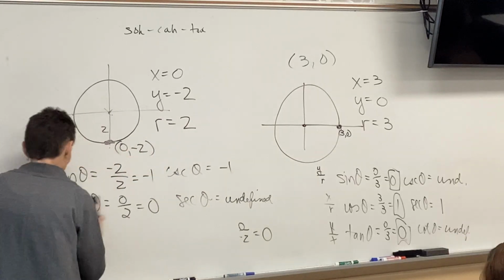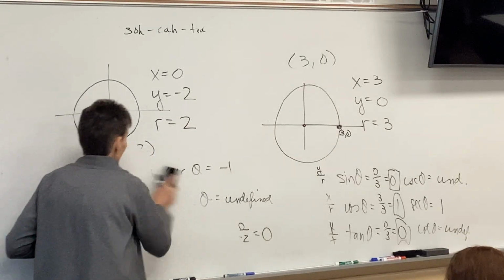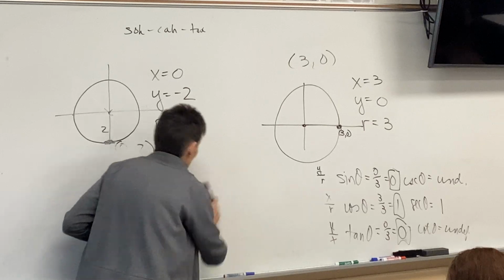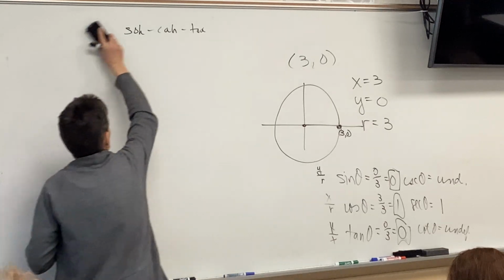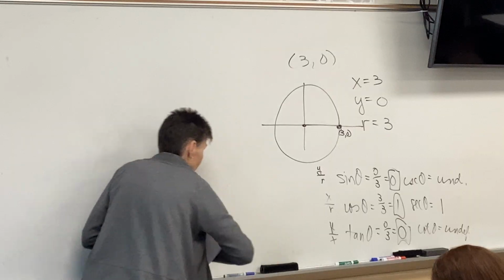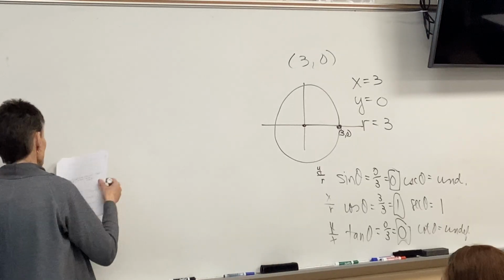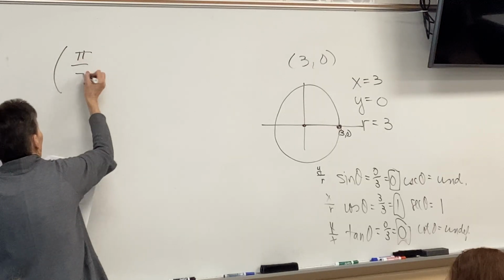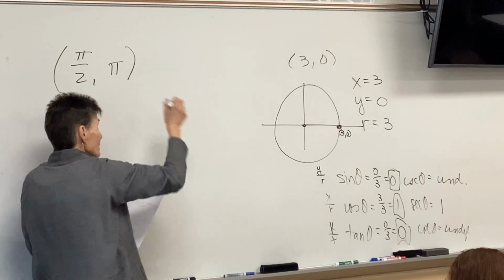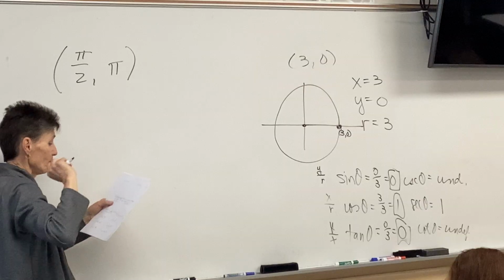You have observed that sometimes we get negative answers, and that depends on the quadrant that we're in. So here's the question. We are between pi over 2 and pi. Don't be confused here. Keep your mind open.